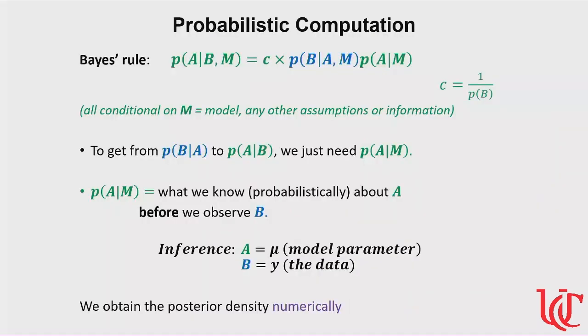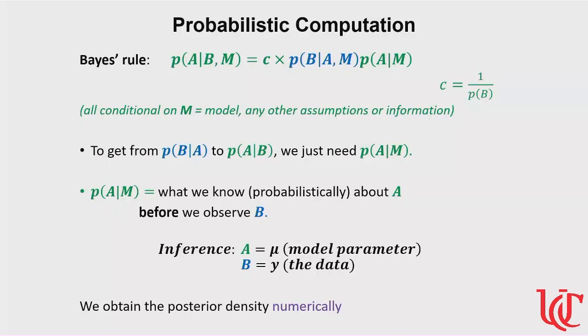To do that, with one simple equation, you need Bayes' rule. The blue is the probability of B given A, and everything else you've assumed, your model and all the assumptions in that. What we want is the green on the left, the probability of A given B and all those assumptions. To get that, you have to use Bayes' rule. You need the probability of A, and that's what we call the prior.